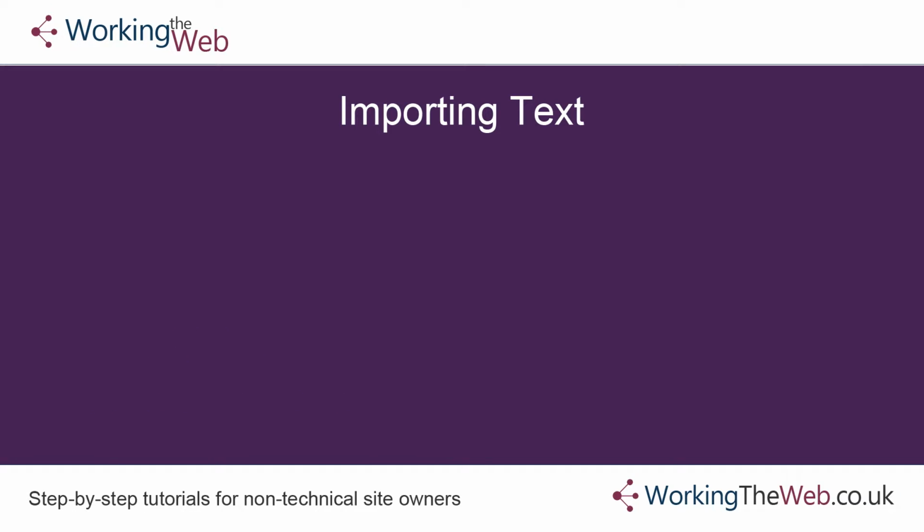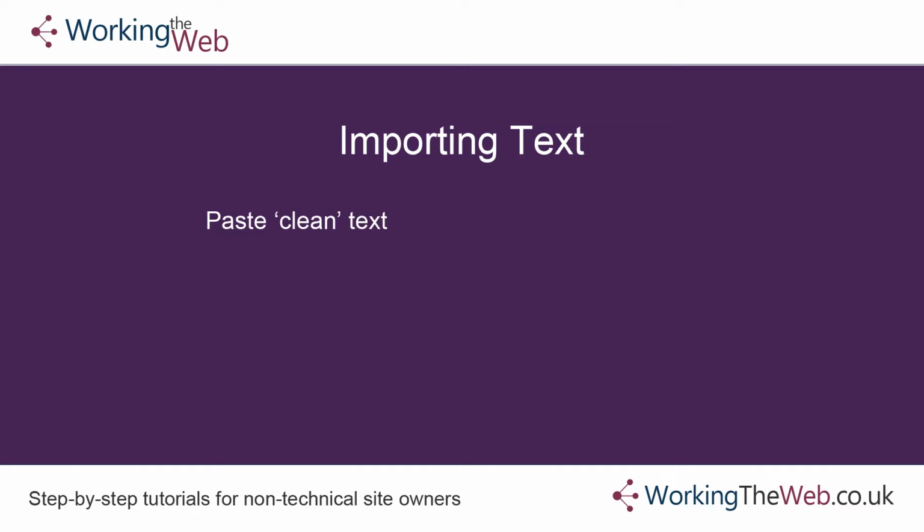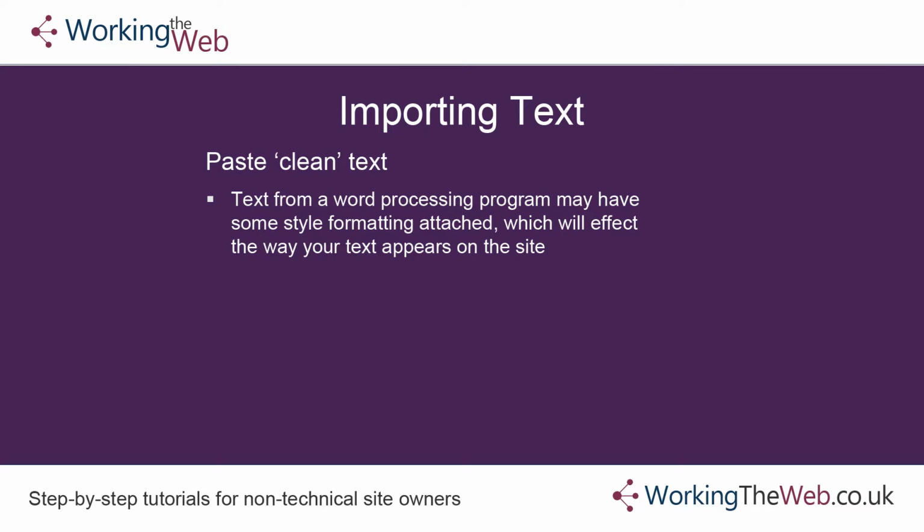Importing text. Produce and check. Produce your text first in a word processing program like LibreOffice or Microsoft Word. Check the spelling. Paste clean text. When placing text within your site, it is important to use the paste icon on the editor. This is because text from a word processing program like Word may have some style formatting attached, which will affect the way your text appears on the site.